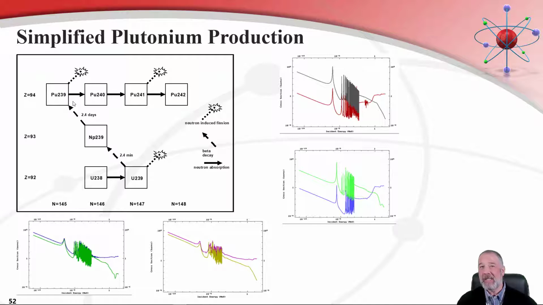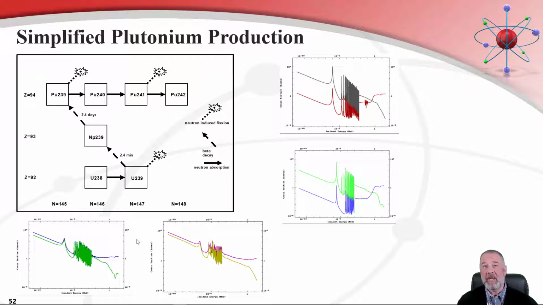So let's take a look more specifically at how this happens. Here at the bottom of the screen, we have two different plots with two sets of colored lines. These represent cross-sections for two different isotopes, plutonium-239 and plutonium-241. The blue line in the leftmost plot is the probability that plutonium-239 will fission if it grabs a neutron.